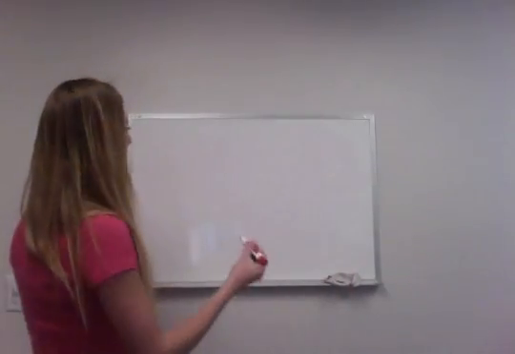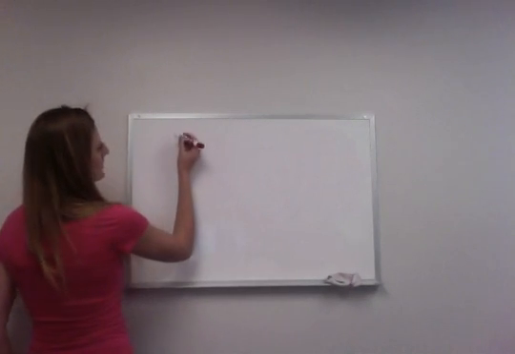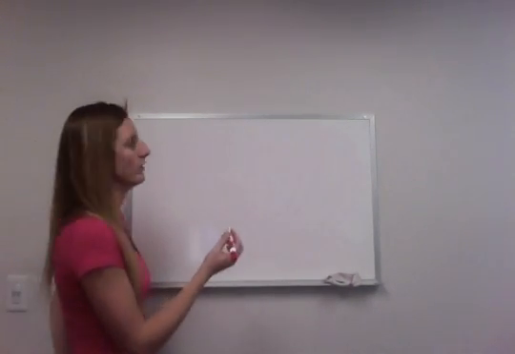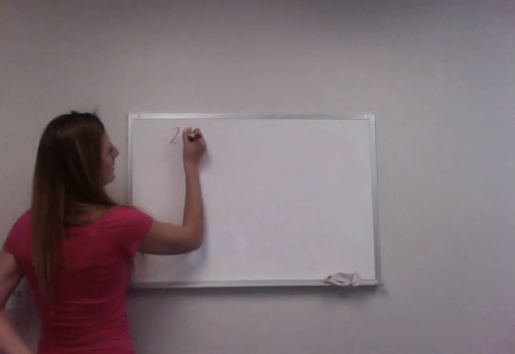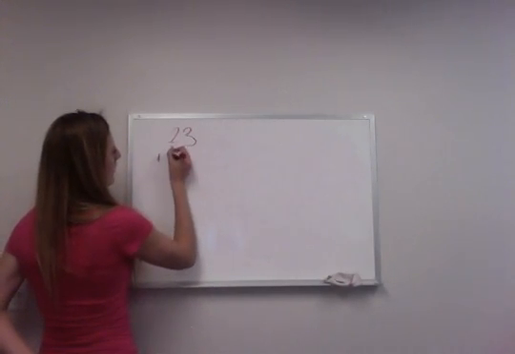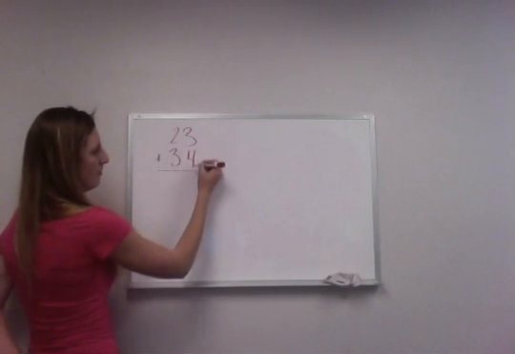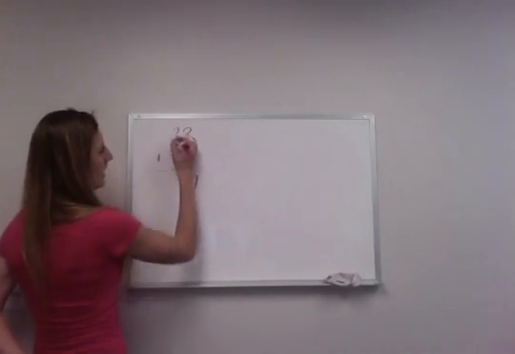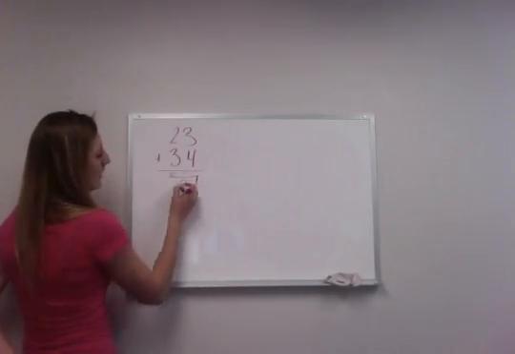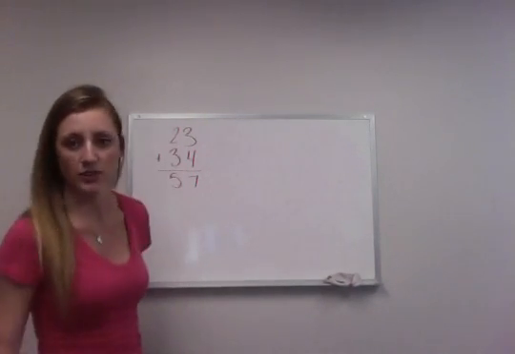The way I'd start with teaching students how to add and subtract decimals is just with the idea of whole numbers. So we have 23 plus 34. Okay, students would say 3 plus 4 is 7, and 2 plus 3 is 5. They'd have 57, which is correct.